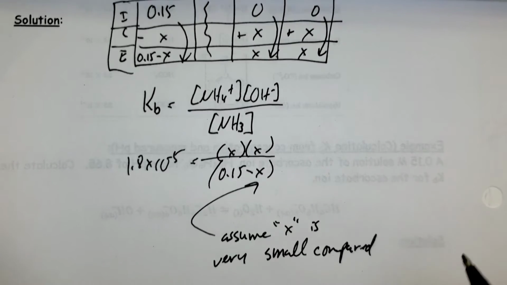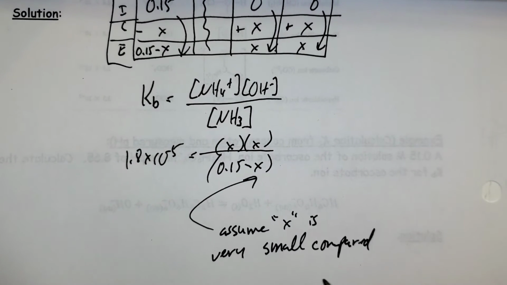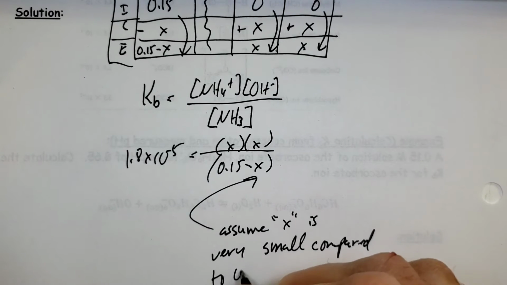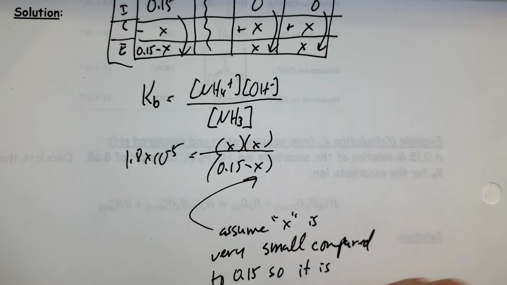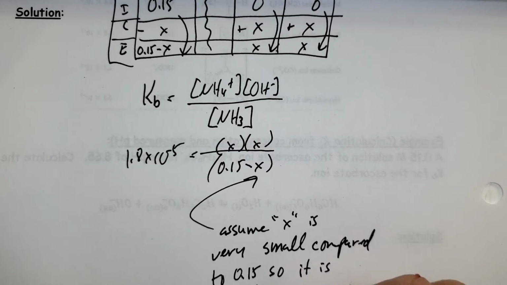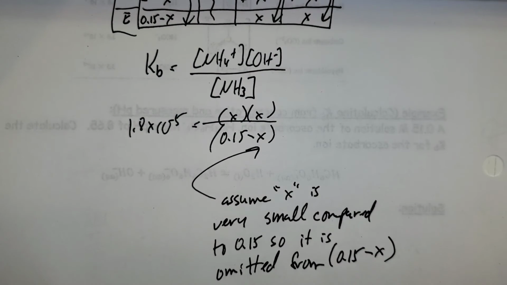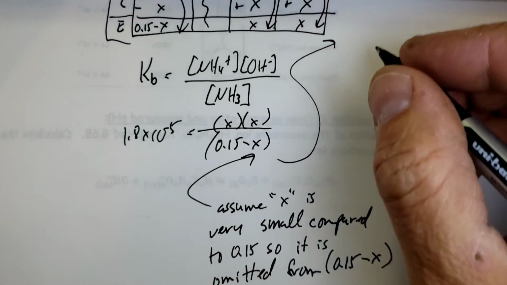They don't dissociate that much. So X will be a small number. It's like comparing 5 cents to $10,000, of course. Doesn't make a difference compared to 0.15, so it is omitted from that bottom part there.